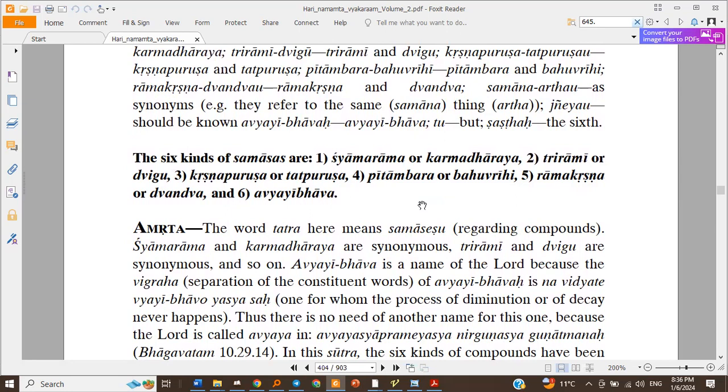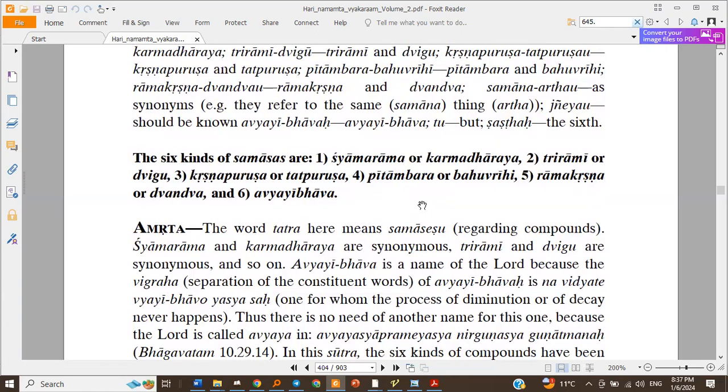We have shared these names in the group for reference. So Avyai Bhav is Avyai Bhav.